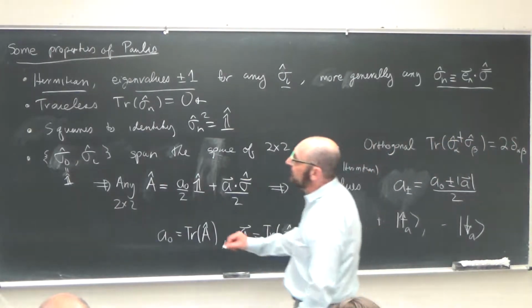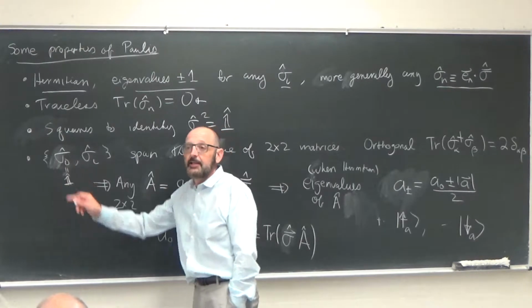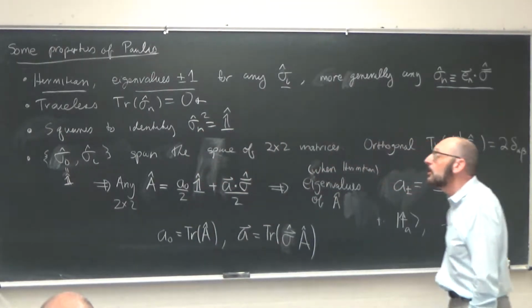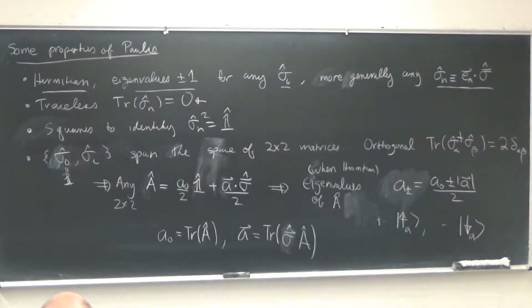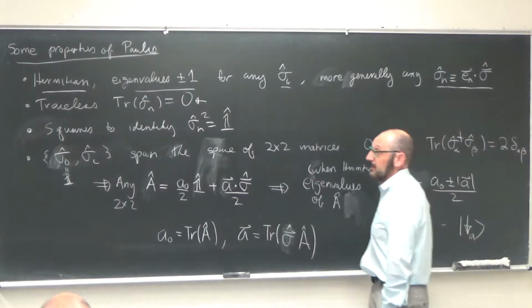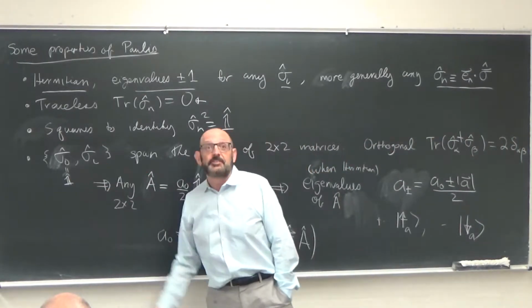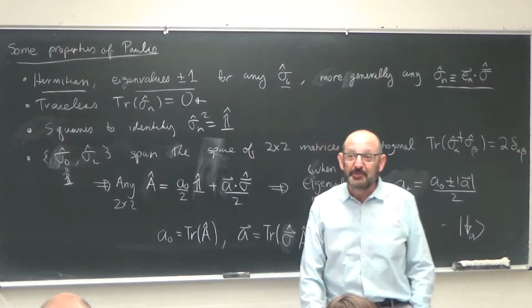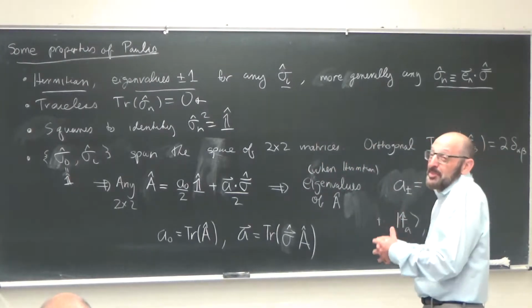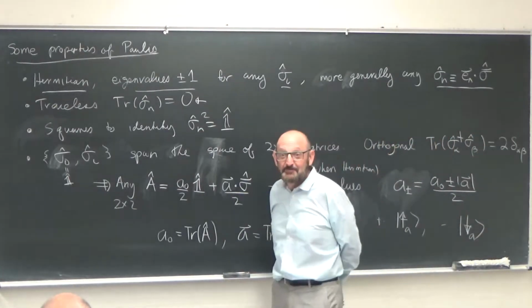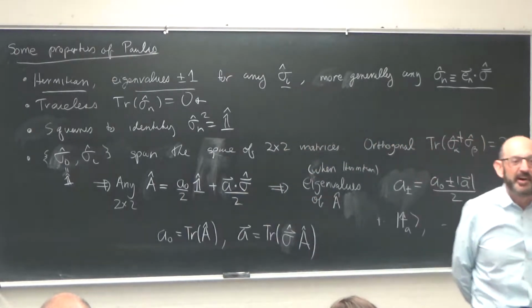Moreover, these matrices, together with the identity, which is sometimes called sigma 0, are a set of linearly independent matrices in the space of matrices. So the matrices themselves can be thought of as vectors. Okay? A vector space of matrices.